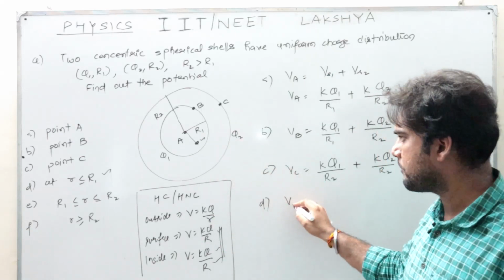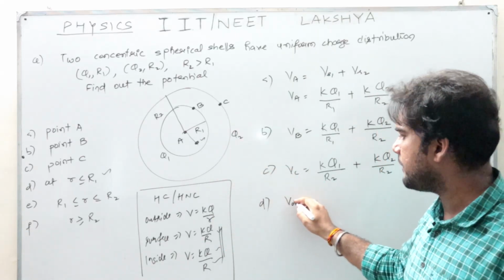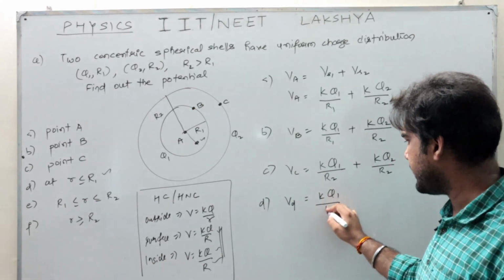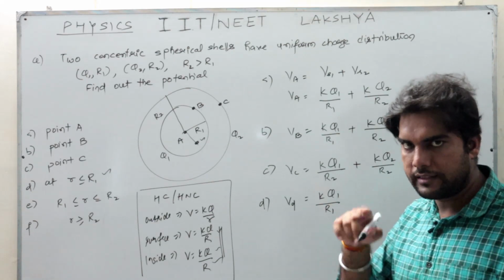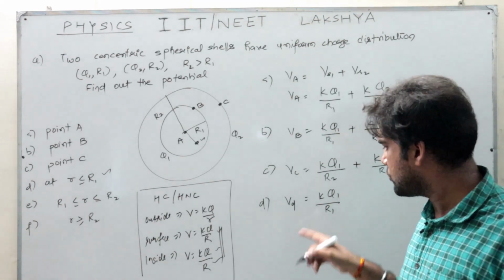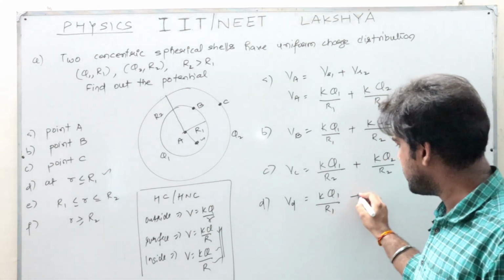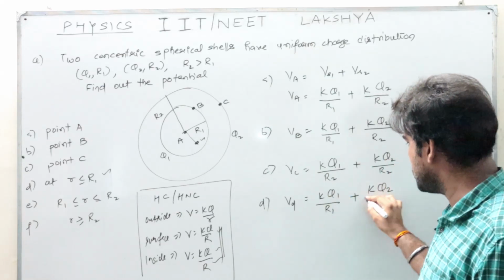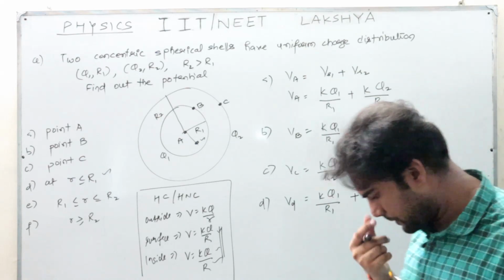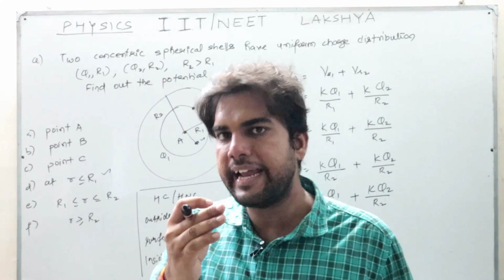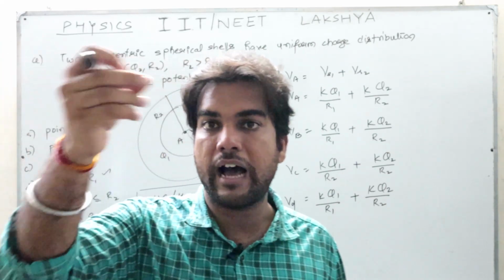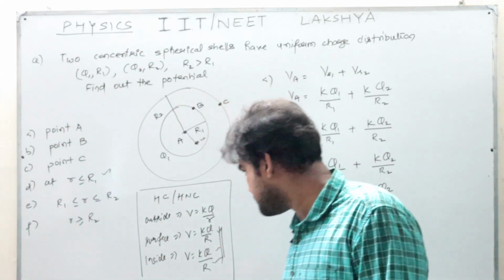So let me write VD: kq1 by R1 because it is inside the first sphere, plus kq2 by its radius R2. Inside formula is kq by capital R, q of that sphere and R of that sphere.